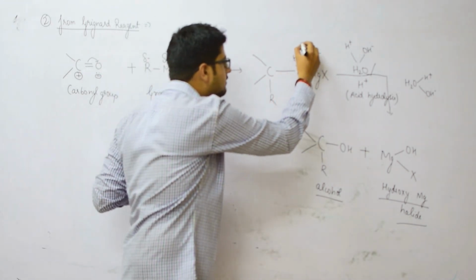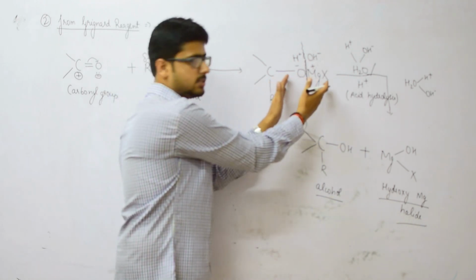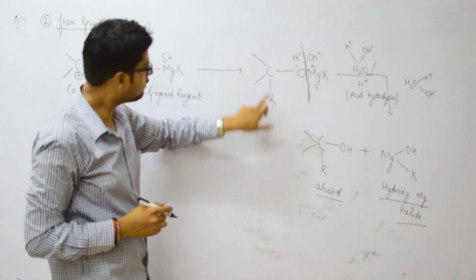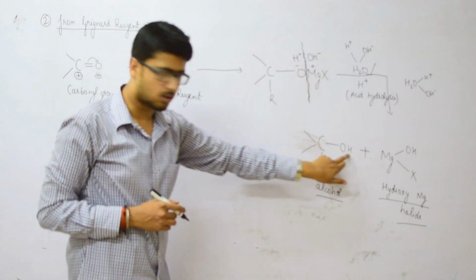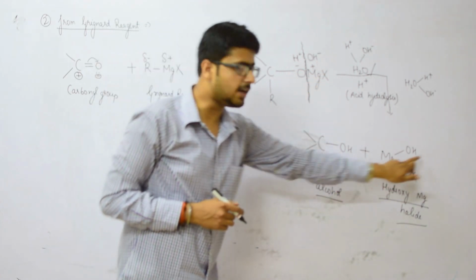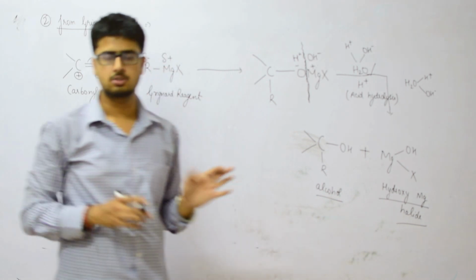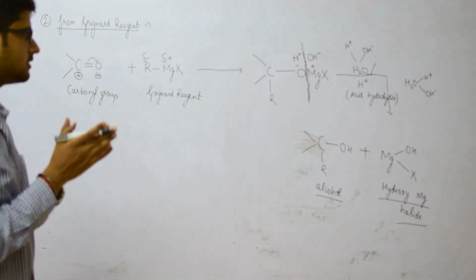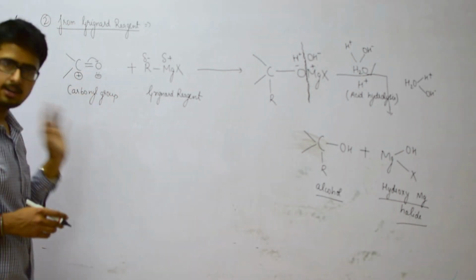So the bond cleavage will take place between the two parts, that is O and MgX, and leads to the formation of R, and this forms OH, that is our alcohol, and this Mg(OH)X is separated in the form of hydroxy magnesium halide. So this is the general process how alcohol can be formed from Grignard reagent.